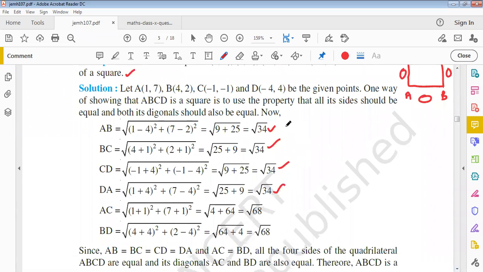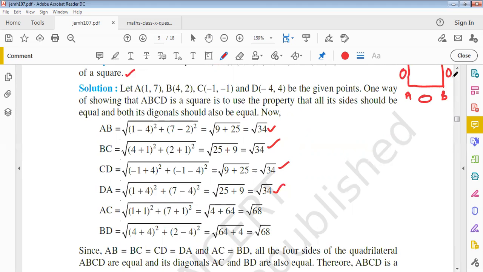Remember, according to the definition of the square, all the sides are equal. If all the sides are equal, you could say it is a square and also a rhombus. See, there is a difference between the rhombus and the square. Property number one is the same: all the side lengths are equal. Property 2 differs between a rhombus and a square: the lengths of the diagonals are not equal in a rhombus.